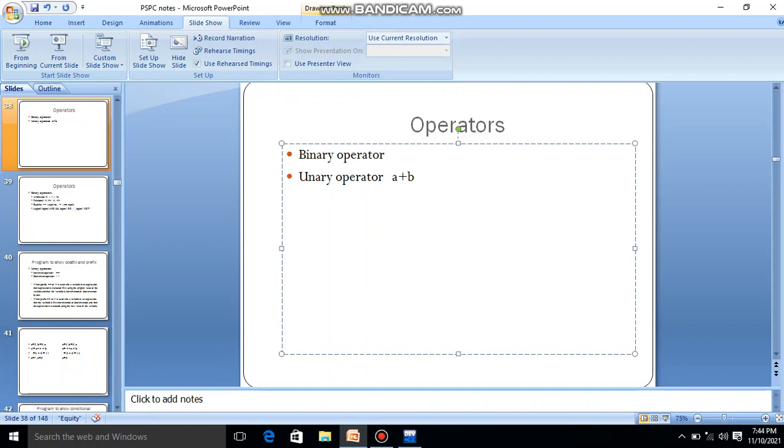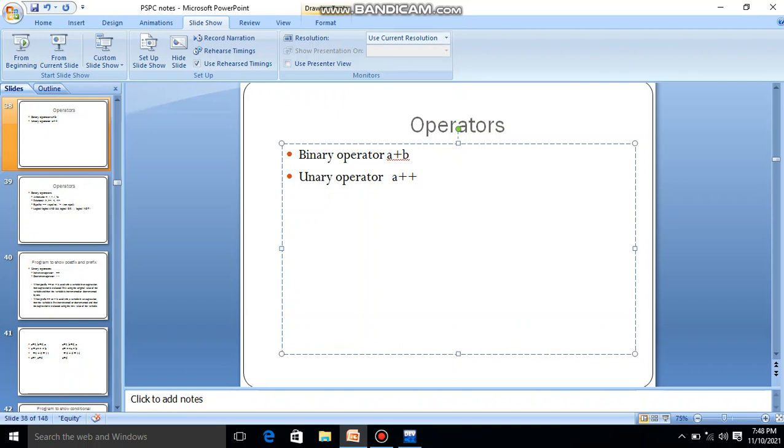Now, what is a binary operator? Suppose I write A plus B. How many operands are there? Two operands and one operator, so this is a binary operator. Similarly, if the operator is applied to a single operand, such as A plus plus, which is called the increment operator, we will see what it is exactly in later slides.